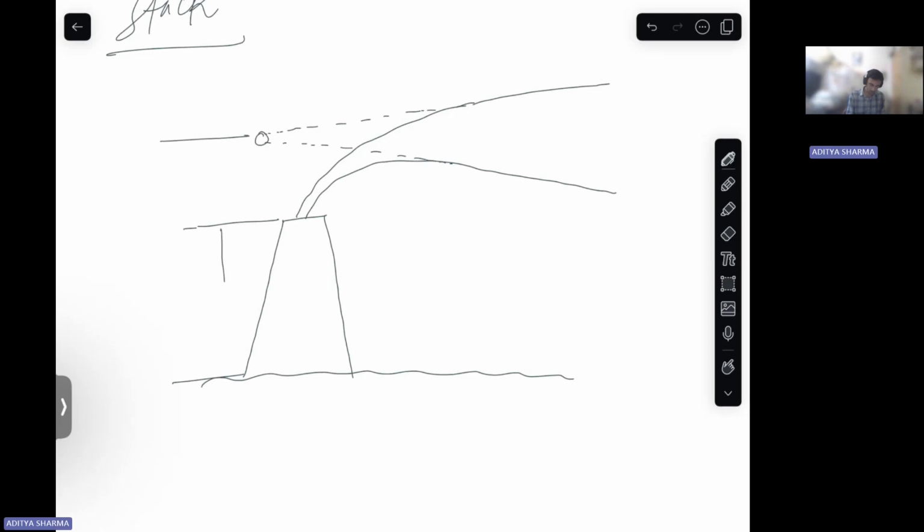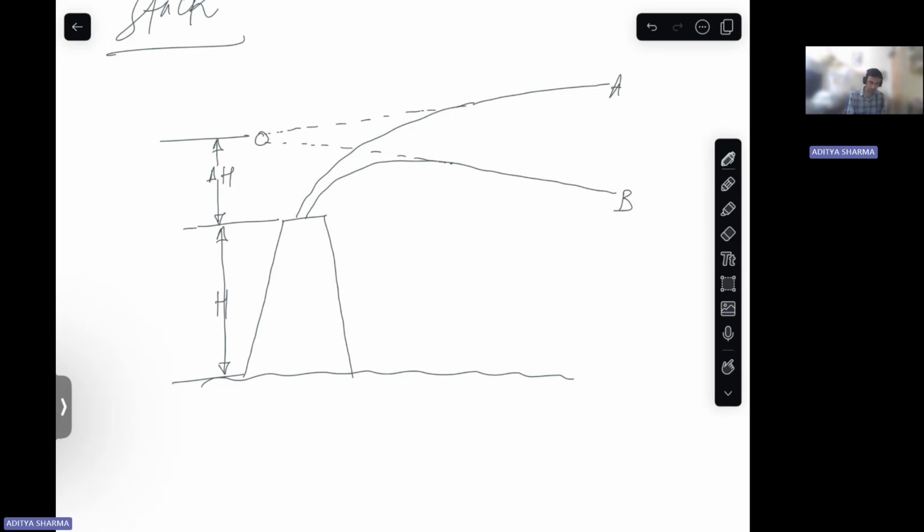So this is your stack height, and this is your plume, right? So between A and B, what you see is your plume, right?